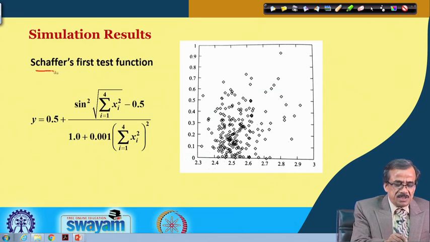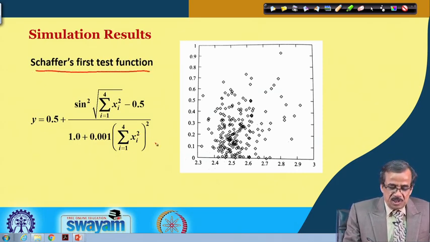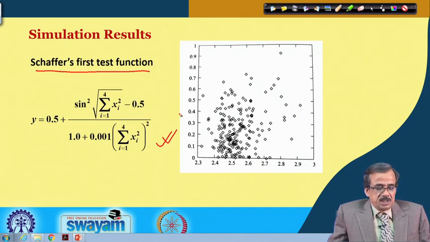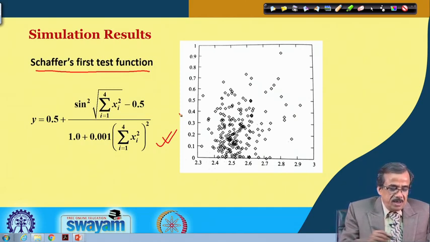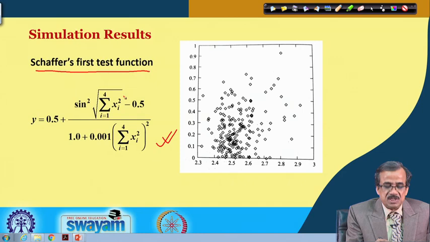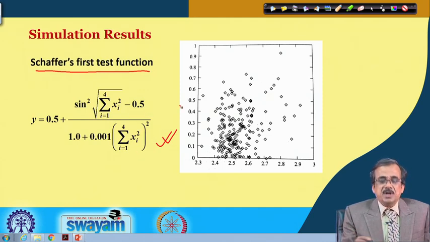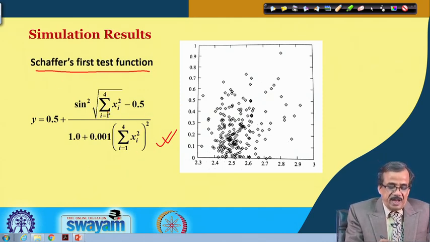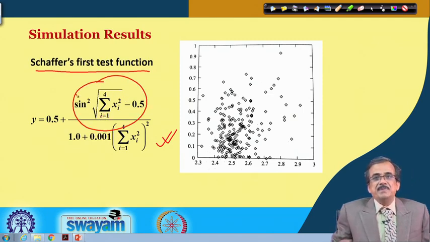This is the mathematical expression for Schaffer's test function, and here you see y equals 0.5 plus sine square root of summation i equals 1 to 4 x_i square, minus 0.5, divided by 1.0 plus 0.001 times summation i equals 1 to 4 x_i square, whole square. So, this is the mathematical expression, and here you see i varies from 1 to 4, that means this is in 5 dimension.